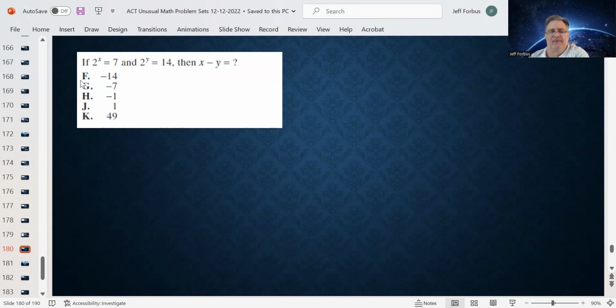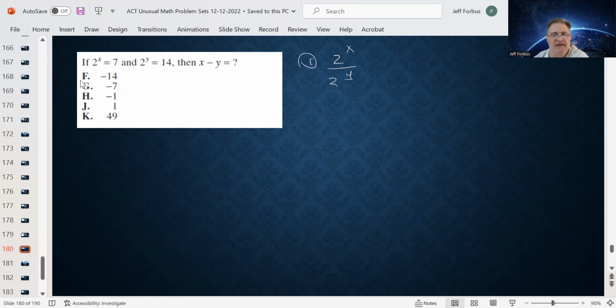So think about it from that standpoint. How do we subtract exponents? So the first thing that you know is that means we must be dividing them. So 2^x over 2^y. That permits us to subtract the exponents because we're in the same base.